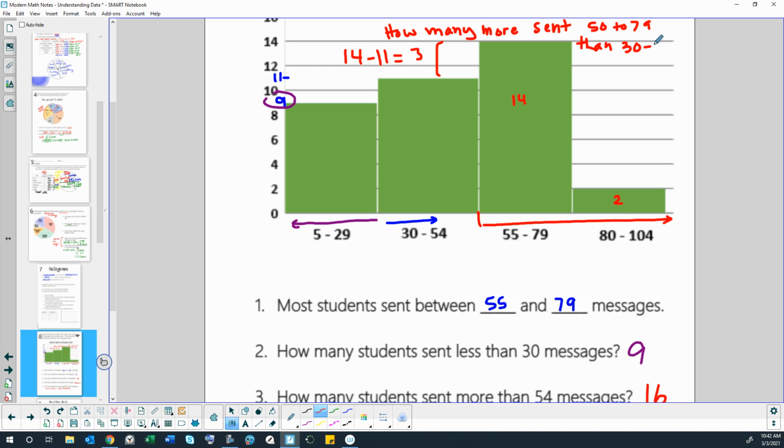You look at the 2 sets of numbers and then subtract the values, like I did here. So 14 sent this many, 11 sent this many, 14 minus 11 is 3. So 3 more students sent messages in this group than in this group.